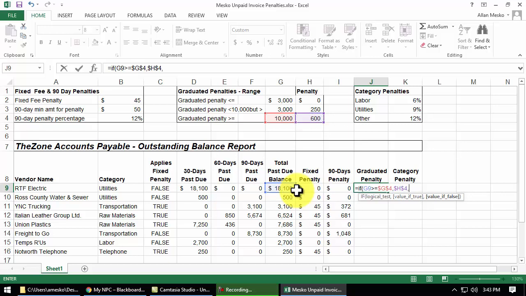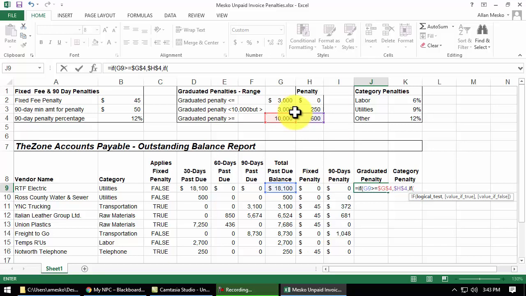Well, what if our balance is not greater than or equal to 10,000? Then we're going to ask another question, aren't we? So what do we put next? IF, open paren, if it's not greater than or equal to 10,000, let's just see if it's greater than 3,000. Less than 10,000, but more than 3,000.